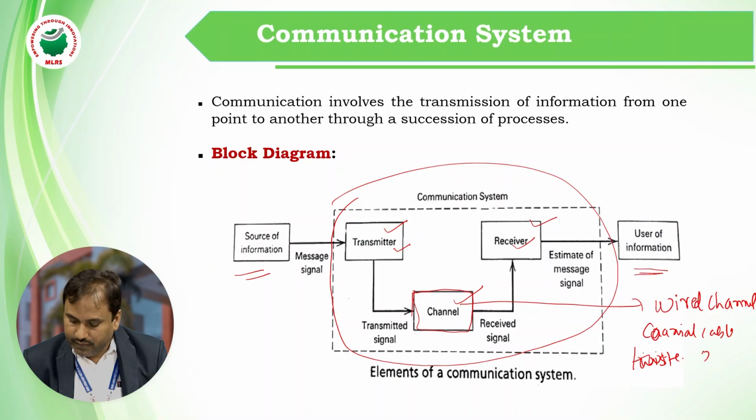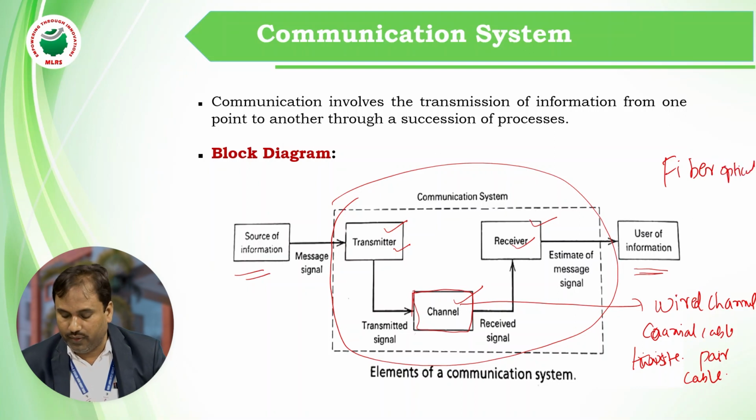And we can take fiber optical cable also. So these are the wired channels we are using. Now if you take a wireless channel, that is nothing but free space. There is no cable, there is no wire.